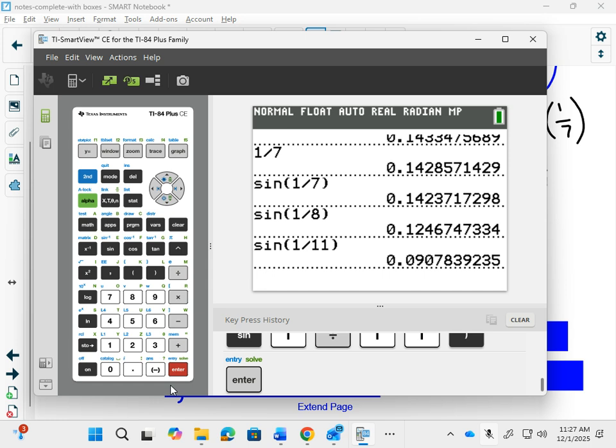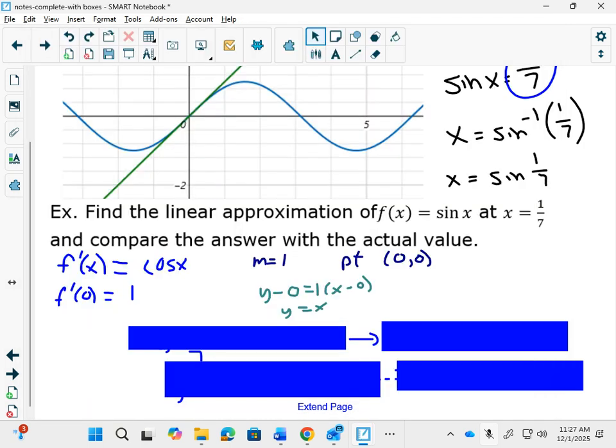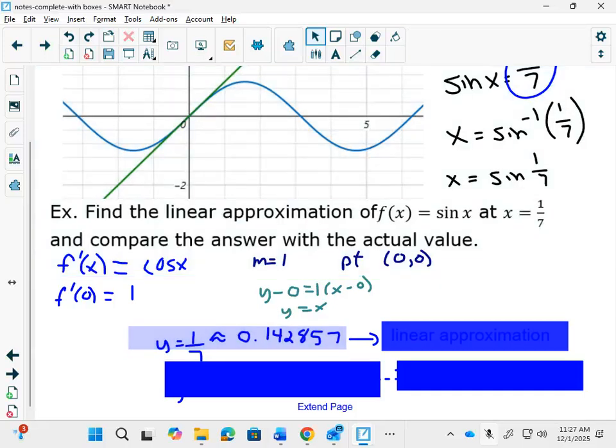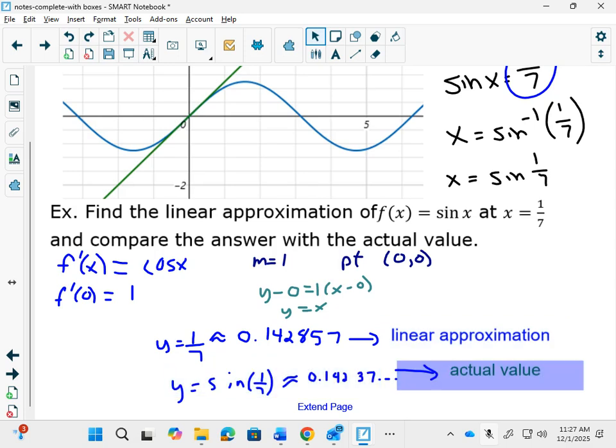If you, instead of doing sine of 1/11, you just use 1/11. Because the linear approximation says that close to 0, my tangent line is y equals x. Which means the answer should be really close to whatever you put in. And the actual values are super, super close.